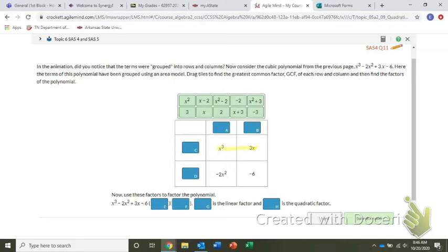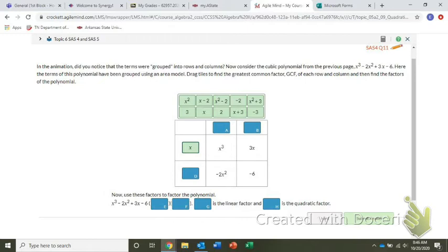So we have x cubed and we have a 3x. So the only thing that those two terms have in common is an x. They only have one x in common. So I'm going to drag my x to here.